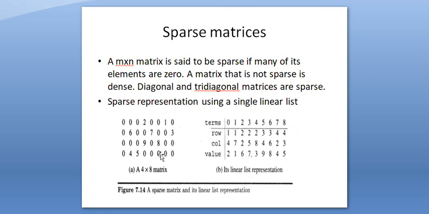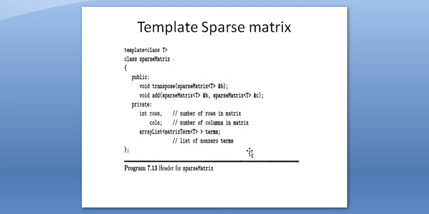Even though you have only this many elements, the total space required will be the number of elements times 3. This much space needs to be created for storing this kind of data. That's not convenient, but still, if required, we can discuss it. This header was asked, but the transpose and add functions will not be asked, if I'm not wrong.